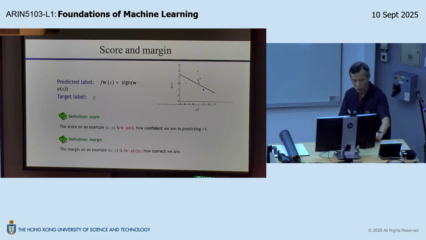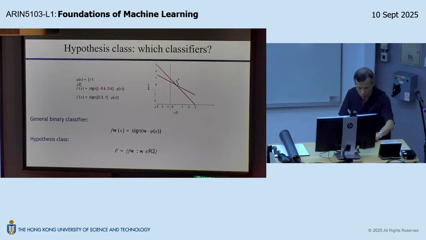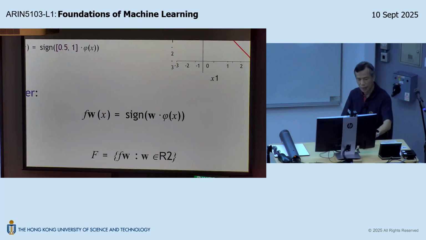First of all, recall that what we want to do is that for a particular input x, we first do the dot product, and then take the sign.